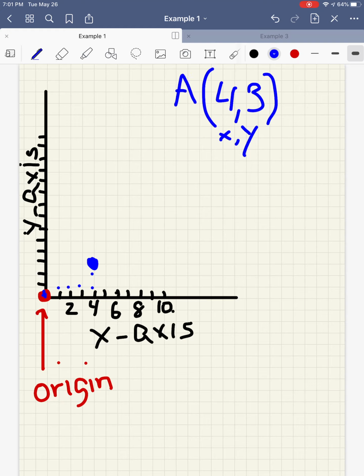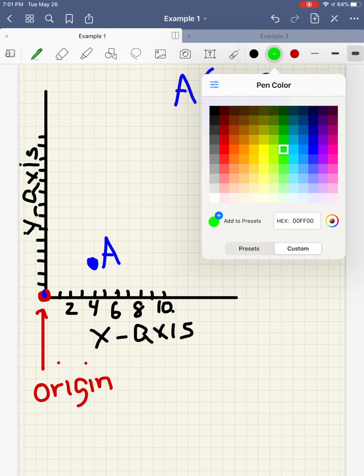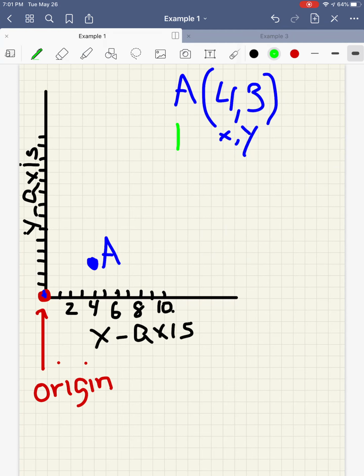So maybe we'll call that point A. So we can label it A. Maybe I'll try to get some of those extra dots out of here just so it's not quite as confusing. Okay, but that's really all we do when we plot points. Let's pick a different color here, and let's make the point, oops, sorry.